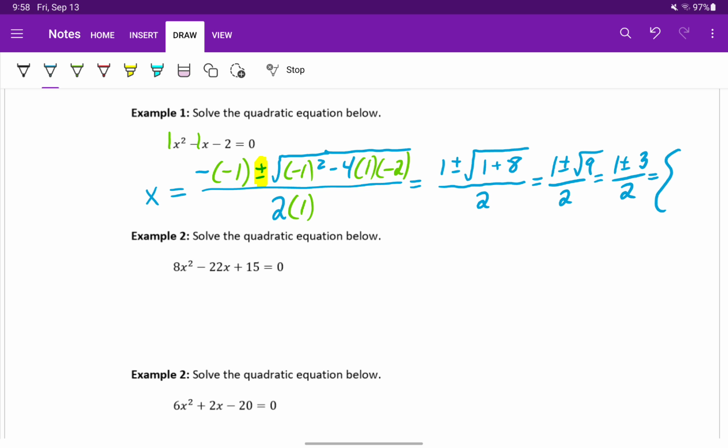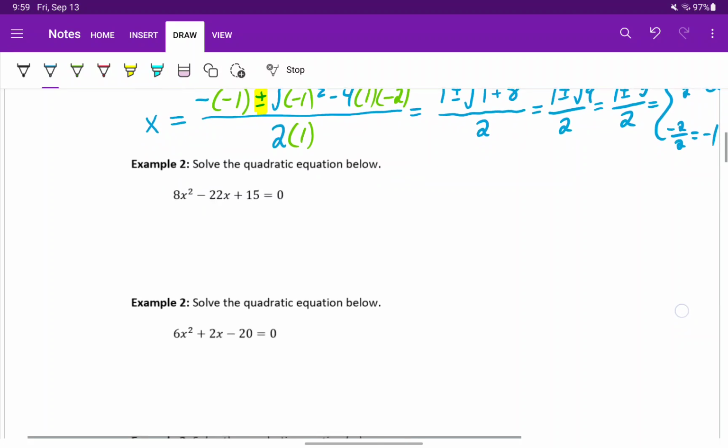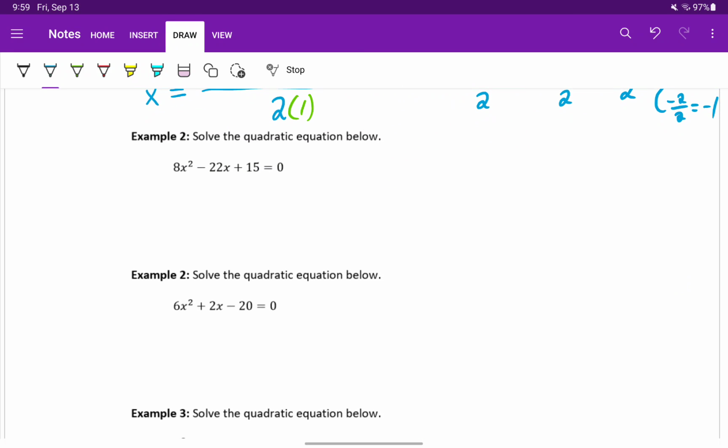If we evaluate 1 plus 3 over 2, then we'll get 4 over 2, which will reduce to just 2 as one solution. 1 minus 3 will give us negative 2 divided by 2, or negative 1 as our second solution. Every time we evaluate the quadratic formula, that process will be identical. What will change in each case will just be our values for A, B, and C.